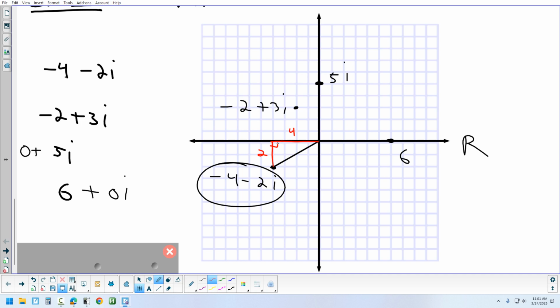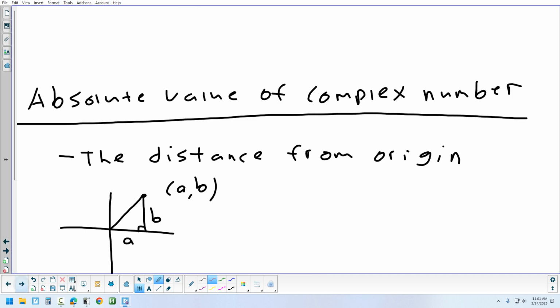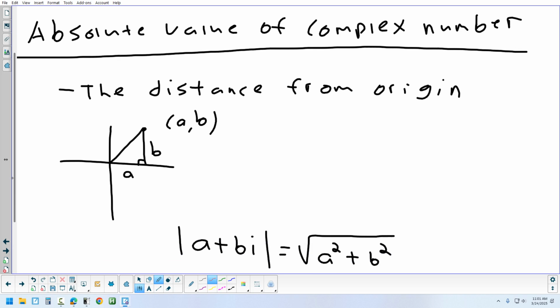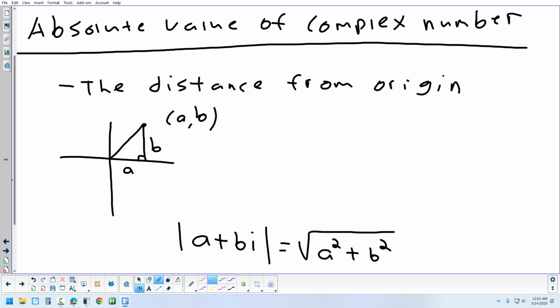Yep. And that's exactly what the formula is to find the absolute value of a complex number. So this is your complex number, where the real part was A, imaginary part was B. All you do is use the Pythagorean theorem with A and B, and that will tell you the hypotenuse.